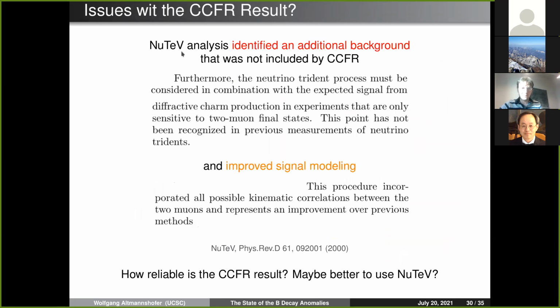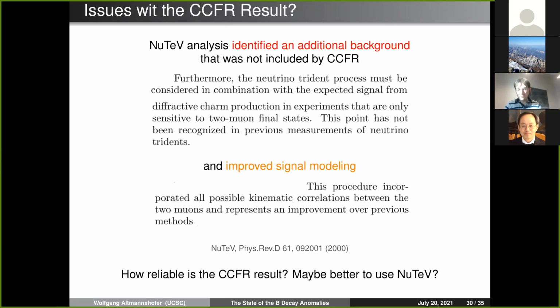In particular, when one reads the corresponding NuTeV paper, they identified an additional background which was not included by CCFR and also not by CHARM-II, as far as I understand. And in the NuTeV analysis, they had an improved signal modeling. So there is the question of how reliable the older results actually are, and if they should be used to constrain the Lμ−Lτ parameter space.